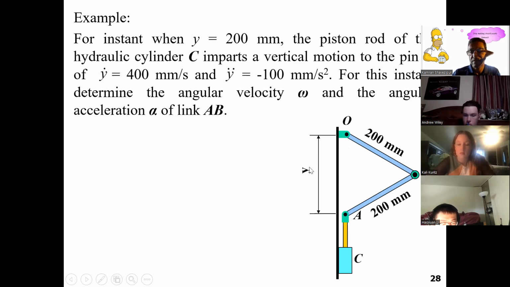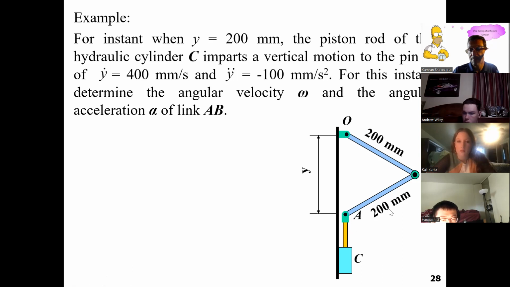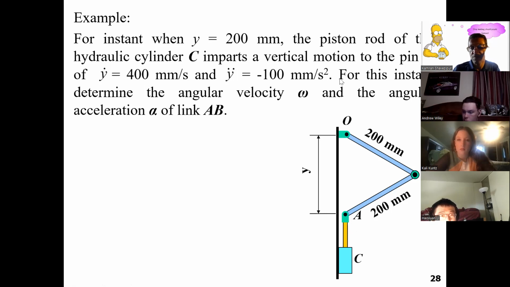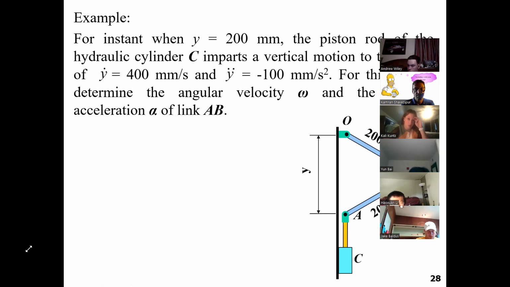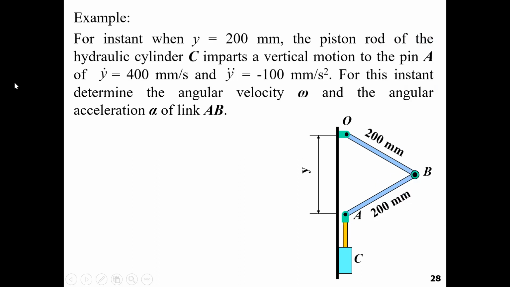which means if 400 is positive, does A go up or down? If Y dot is positive, does A go up or does A go down? Aaron, based on what I explained, when Y dot is positive, does it mean A goes up or A goes down?